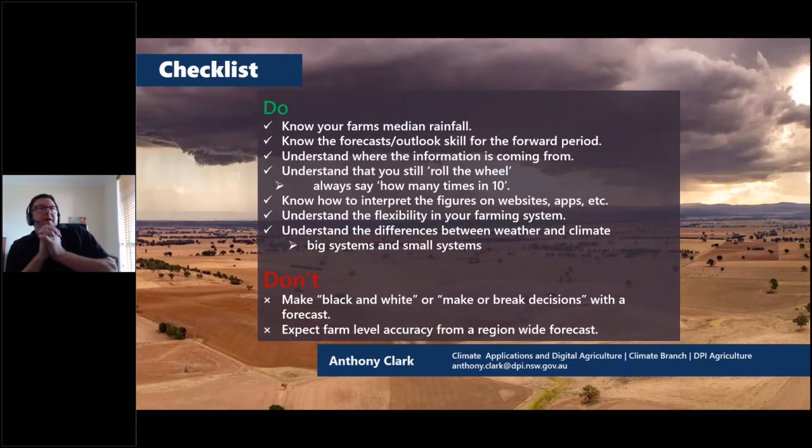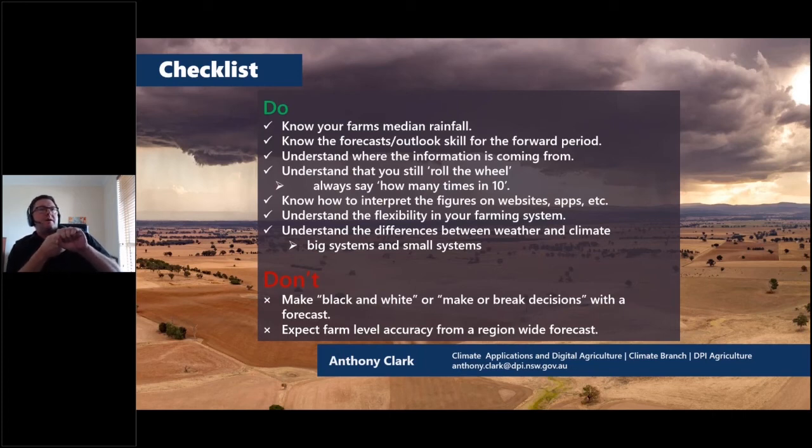So I'm just going to finish up there. There's quite a lot of information. And I'd like to finish off just with a bit of a recap and break it down in a few do's and don'ts, when you're looking at using outlooks or weather forecasting to make your decisions. So do know your farm's median rainfall if you're going to use the seasonal outlook.